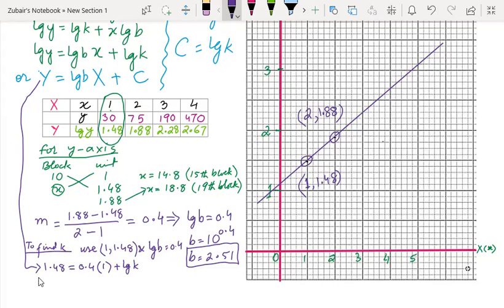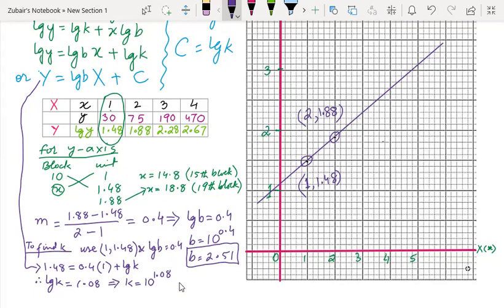So lgk is equal to 1.08. So k is equal to antilog, means 10 power 1.08, which is coming out 12.022.